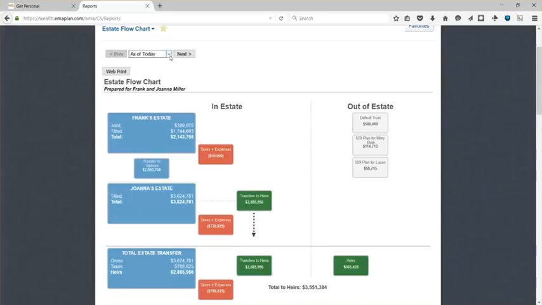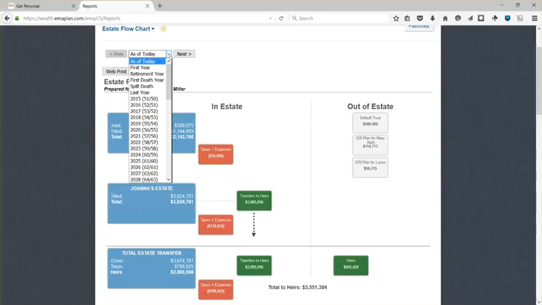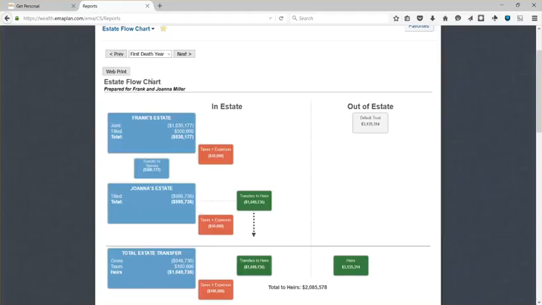So if they're curious about what, with all their savings and investments, that might look like at some future date, such as the date that the first of them is statistically likely to die, they could look at this as of the first death year and see what happens. So as you can see, based on their outflows and their expected spending, their estate is actually likely to shrink between now and the date that the first of them is likely to die.